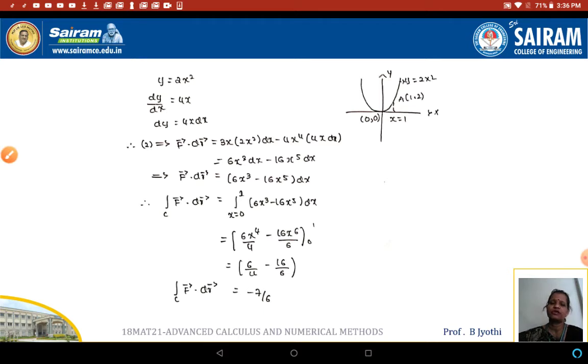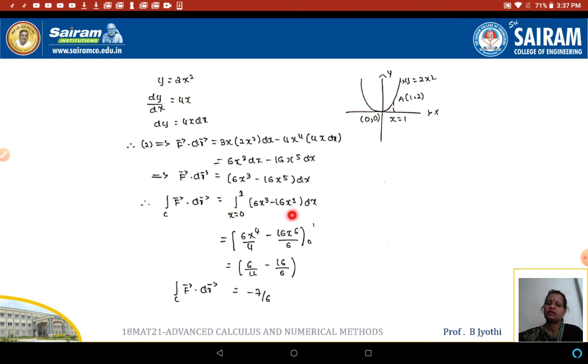So dy is equal to 4x dx, and equation 2 becomes F dot dr, given by 3x into 2x square dx minus y square dy. On simplification we get F dot dr equal to 6x cube minus 16x power 5 into dx, by replacing y as 2x square and dy as 4x dx. Entirely this is converted in terms of the x variable itself.